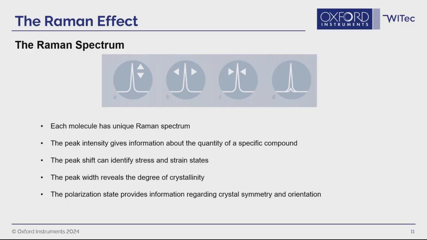The peak width reveals information about the degree of crystallinity within the material, and of course polarization states also provide information about the orientation and the symmetry within the material. This of course also has an influence on the intensity of the peak.